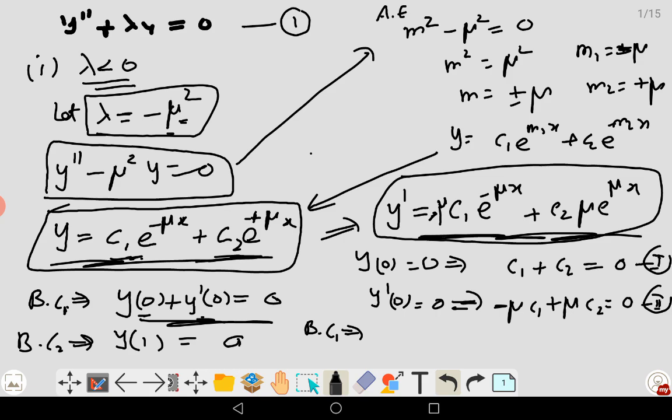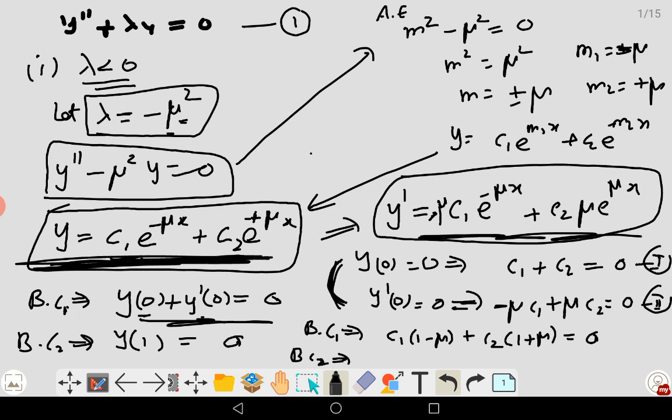So this one, c1 times (1 minus mu) plus C2 times (1 plus mu) is equal to 0. When you club these two results, you'll get this one, isn't it? Second condition, boundary condition 2, y of 1 is equal to 0.